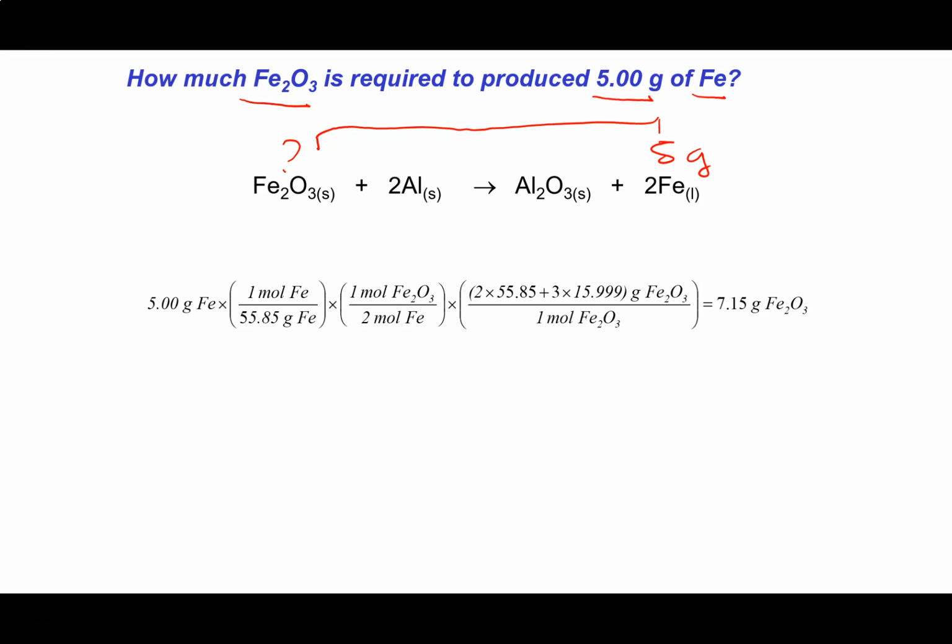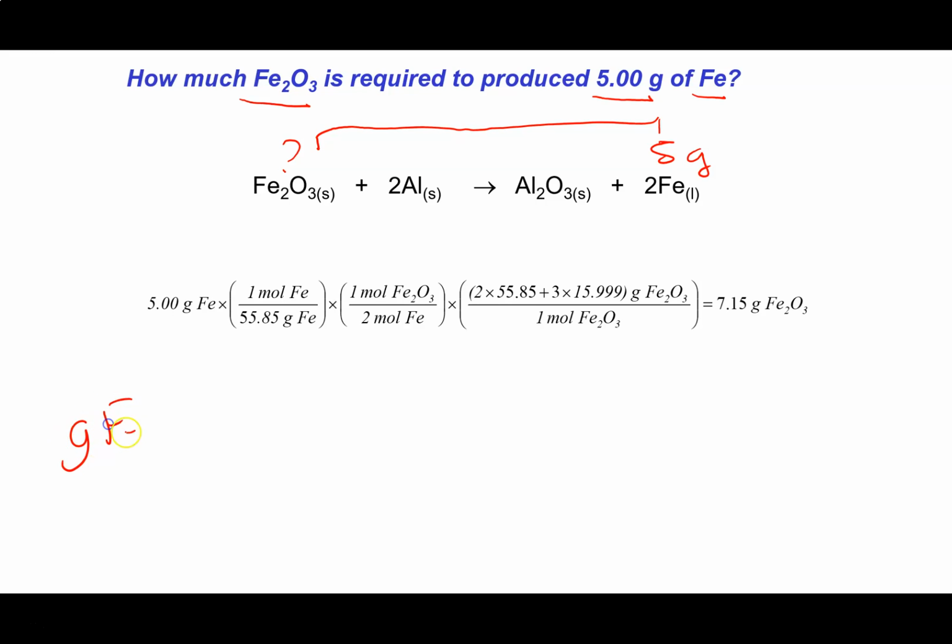It's kind of like going shopping, right? You've got 4 members of your family, and you're trying to figure out how many pounds of ground beef you need to buy to make that awesome lasagna that's going to feed them all. So you do the calculation backwards. You know where you want to end, and you have to figure out how many ingredients you're going to need. So it's going to be the same thing.